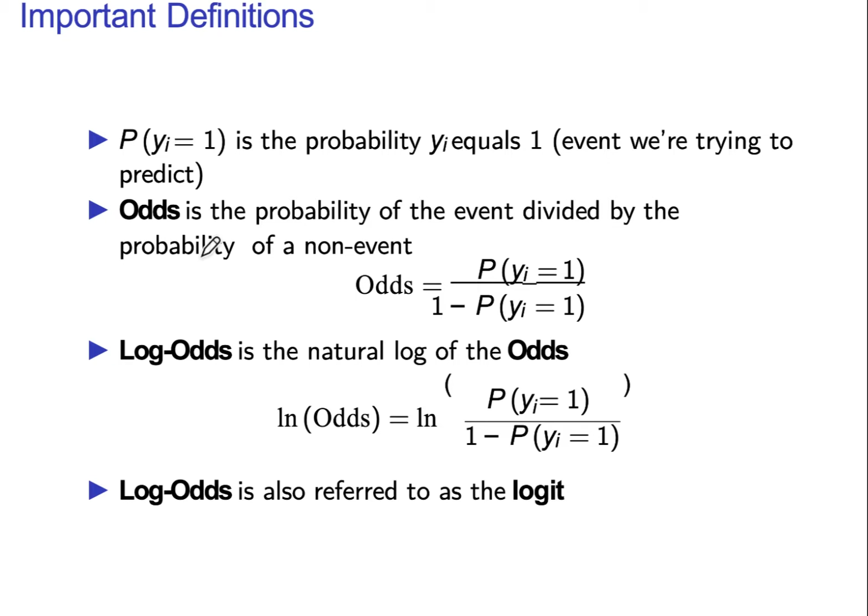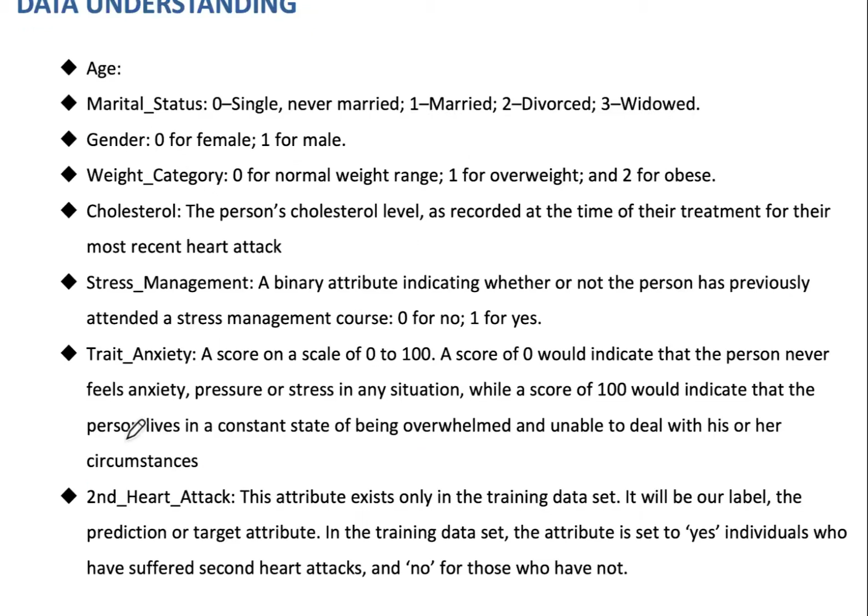In logistic regression, we use the odds, which is the probability of the event divided by the probability of non-event. In our case, it's the probability of getting a spam over 1 minus the probability of getting the spam, which is not spam. And the log of the odds is naturally the log of the odds, which is really easy. All we did here was take the natural log of both sides of the equation, and that's what you are used to seeing as the logit function. That's all we are doing.